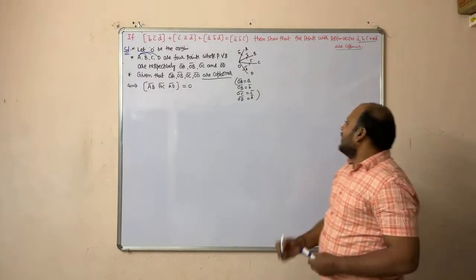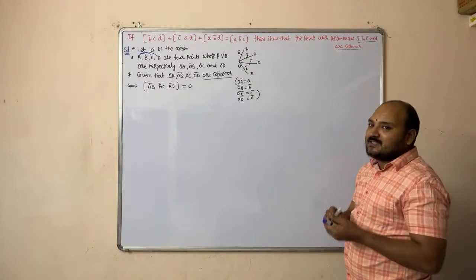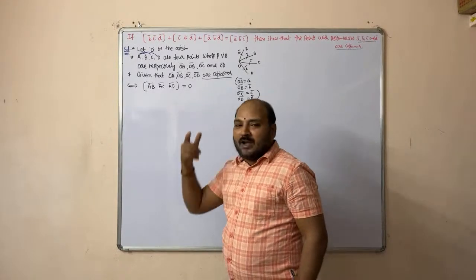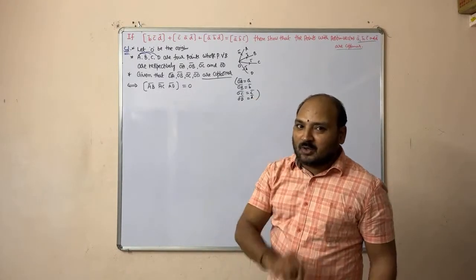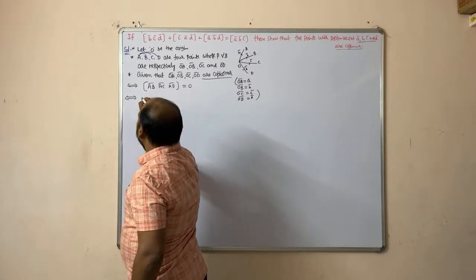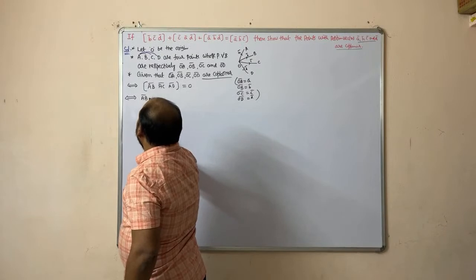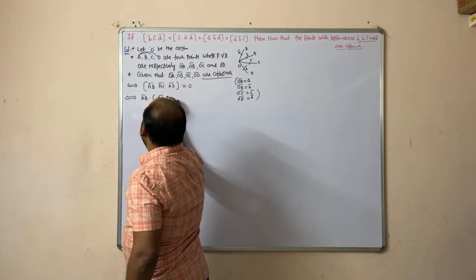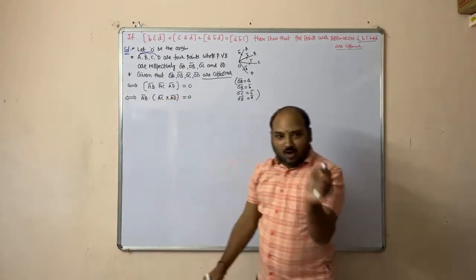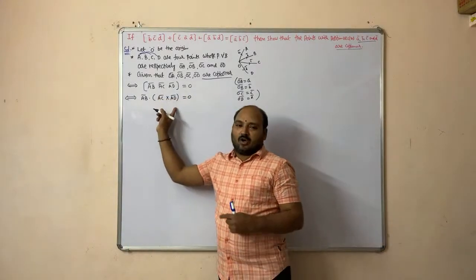In the previous question, we discussed that the box of vectors we can write as one cross and one dot product only. So here also I am going to write, if and only if, AB bar dot AC bar cross AD bar, one dot and one cross.